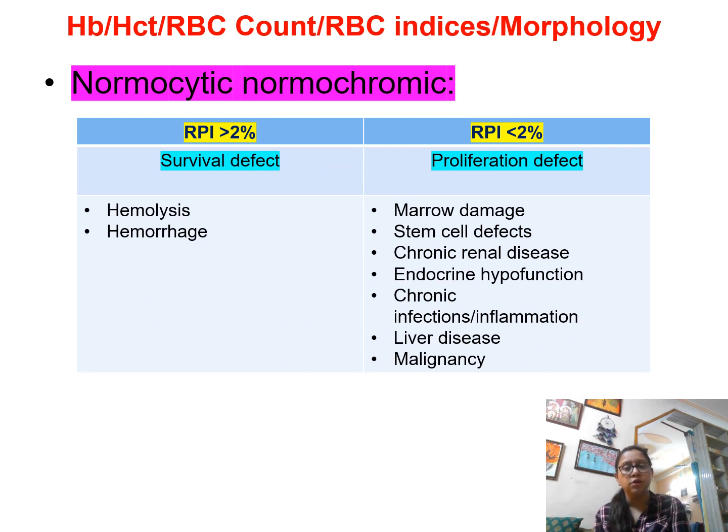Then coming to normocytic normochromic anemia, उसमें अगर RPI more than 2 है और RPI less than 2 है, ठीक है. So अगर RPI more than 2, we have seen it is due to survival defect, तो वो hemolysis, hemorrhage में बढ़ता है, ठीक है. Then RPI less than 2 is proliferation defect. We notice it in marrow damage, stem cell defects, chronic renal disease, endocrine hypofunction, chronic infections or inflammation, liver disease and malignancy.